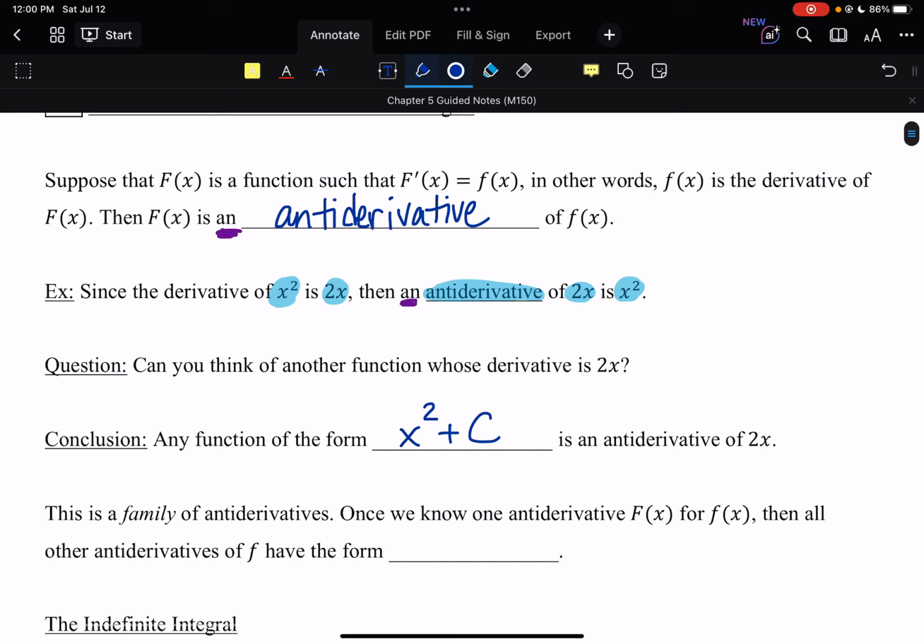What this creates for us is not just a single antiderivative, but rather a family of antiderivatives, because this formula for any real value of c produces different functions: x squared plus 1, plus 2, plus 3, plus 4, plus infinitely many different choices of values. So once we know one antiderivative, all the other antiderivatives have the form capital F of x plus c.